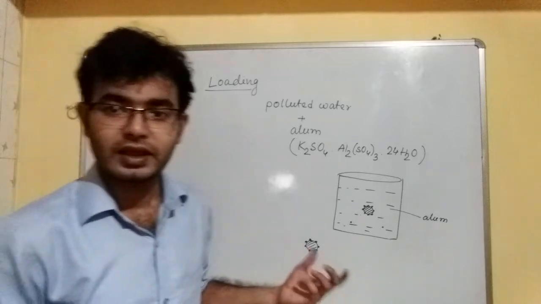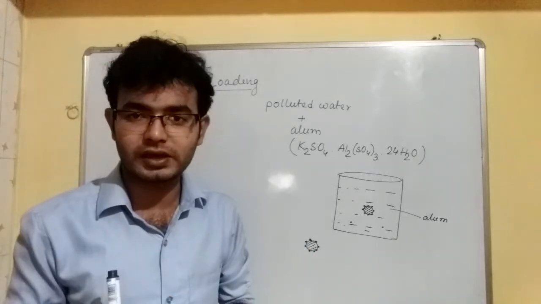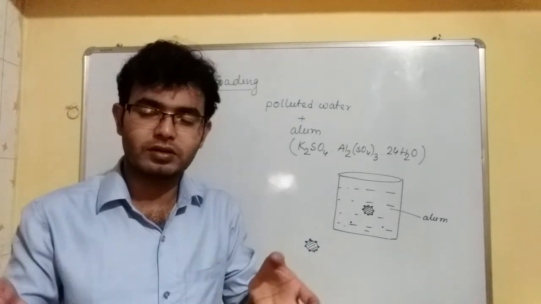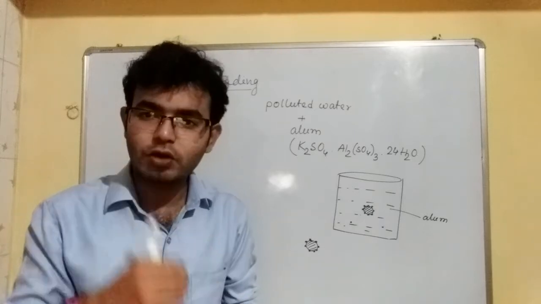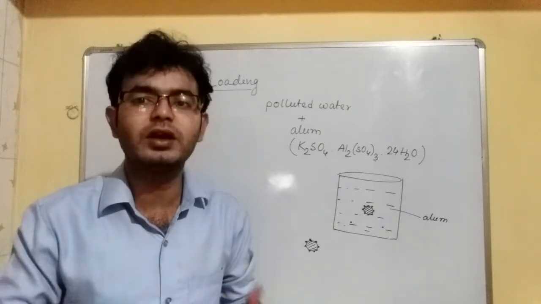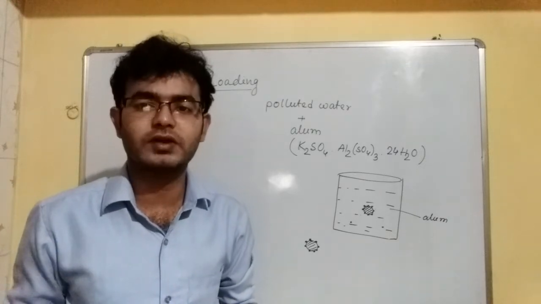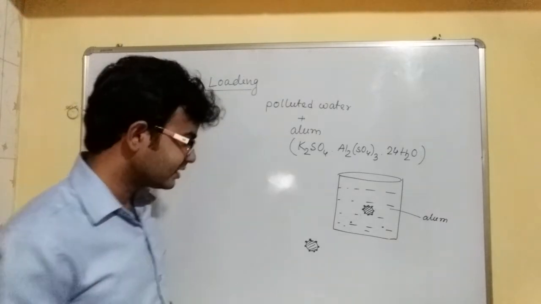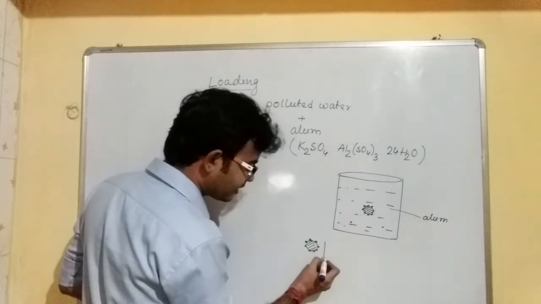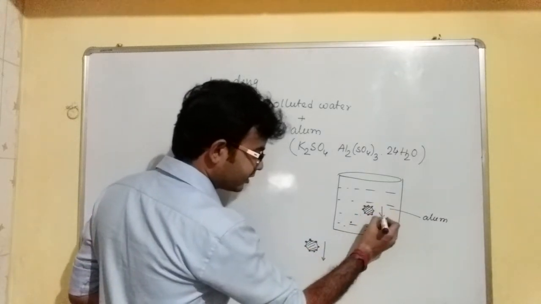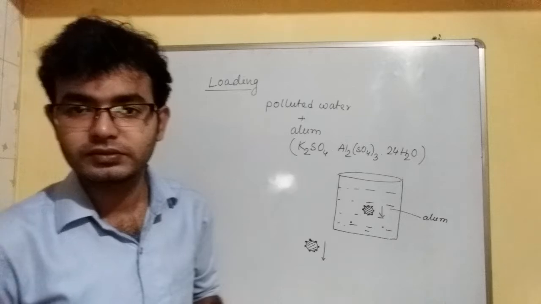Now, alum was itself a small particle, and when it absorbs the other smaller particles, it becomes quite a bigger particle, meaning a heavier particle. As a result, these heavier particles will settle down.